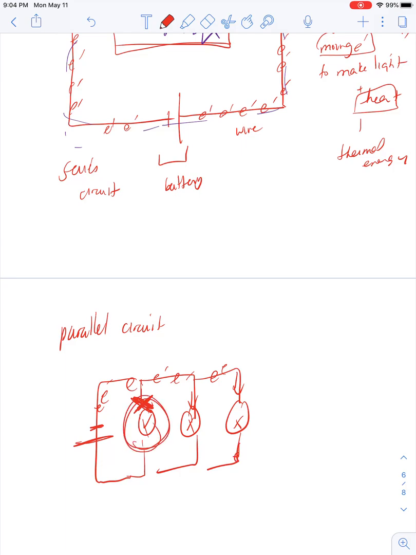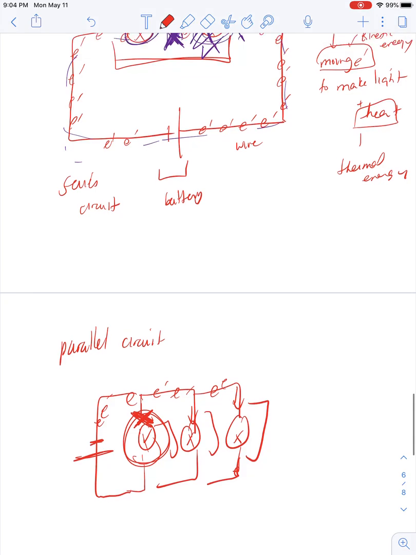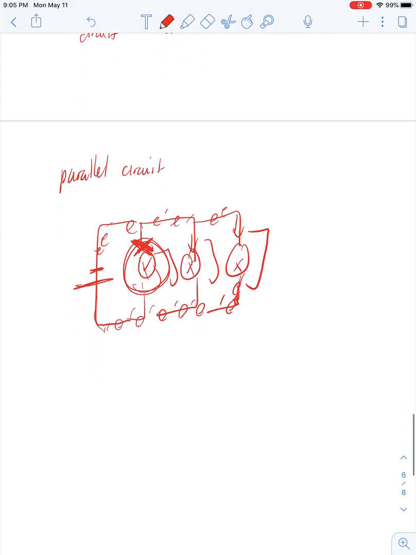So even if this part is broken in a parallel circuit, and it's called a parallel circuit because you can see these lamps are parallel to each other, even if this circuit breaks here, the electrons still have a path to flow. They still have a way to flow that will lead them back to the battery, and they can be pushed through again. So that's a parallel circuit, and that's a series circuit.